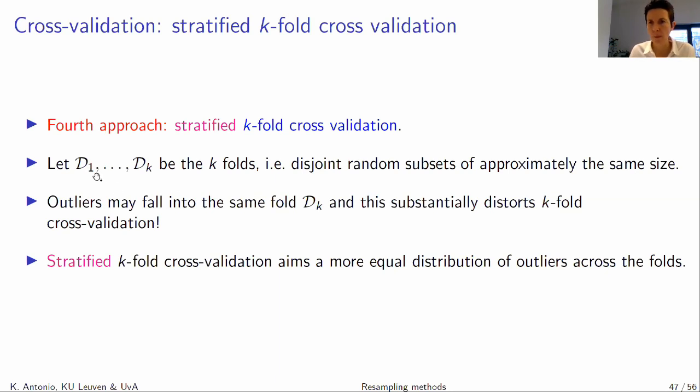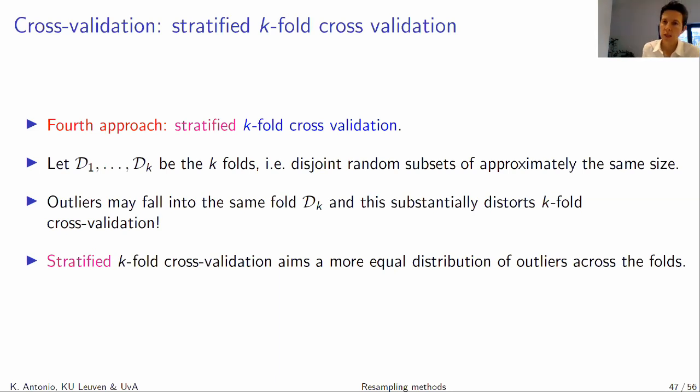What could happen if I organize this MTPL data in 5 groups is that I put all the people who report 4 claims, 5 claims together in the same fold. Then that will be a fold which looks quite different from the other folds, right? And this really may disturb my performance evaluation, because I have this fold where I put the outliers and the very high risks all together, whereas in the other folds I don't have observations of that kind.